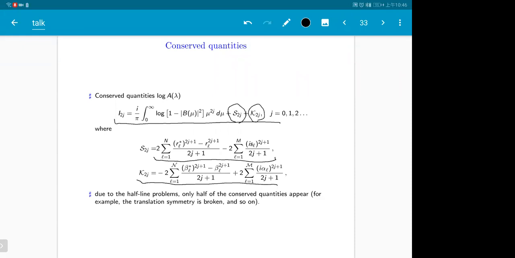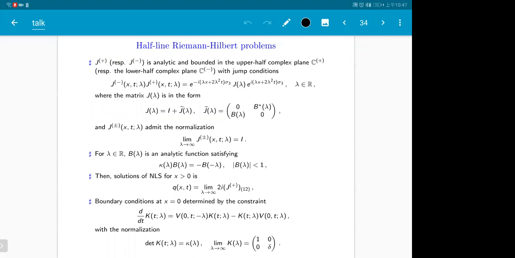The subscript is actually on 2G, which means only half of the conserved quantities appear. This is due to the half-line nature of the problem. For instance, when you have a boundary at the origin, the translation symmetry is broken, and so on. So that's why you have only half of the conserved quantities.